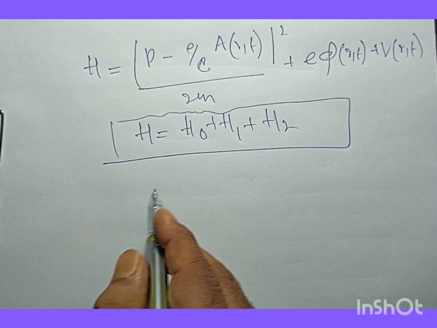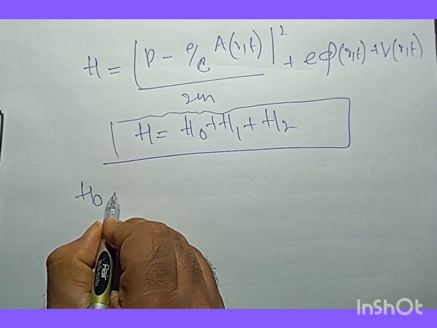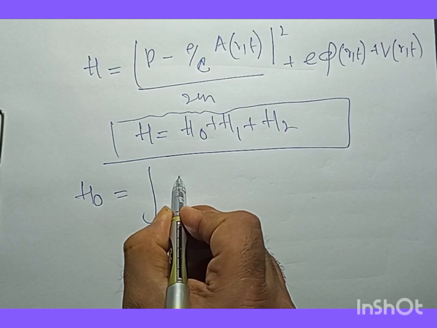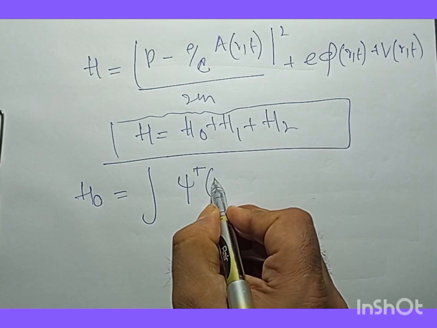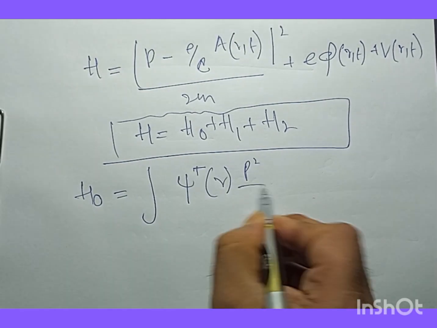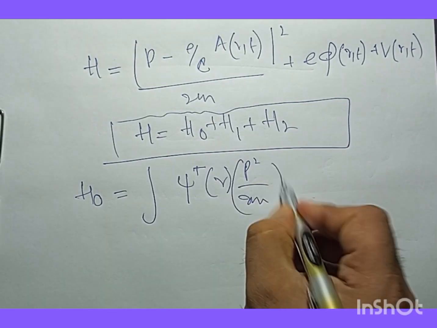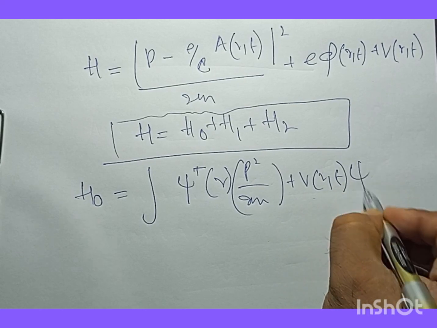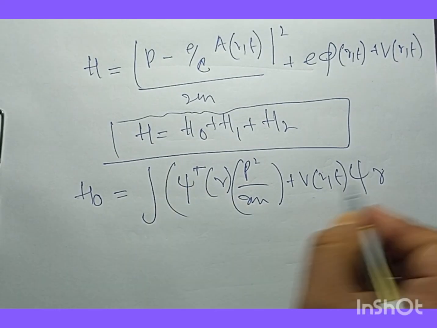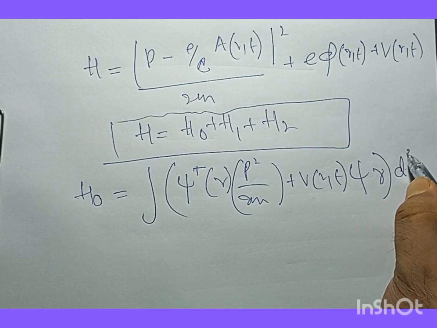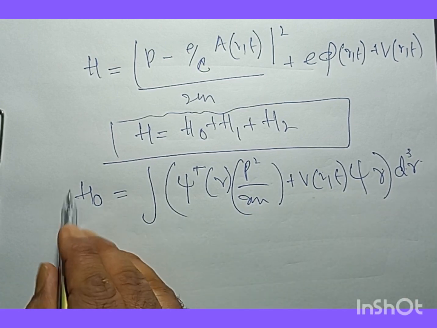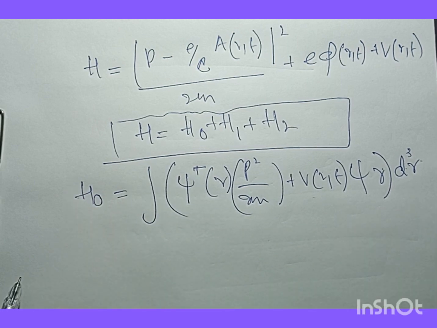Here, H0 is psi dagger of R, P squared by 2m plus V of R and T, and psi of R. I should enclose it in some d3R over this volume. So this is our ideal Hamiltonian when there is no interaction of the electromagnetic radiation with the matter.